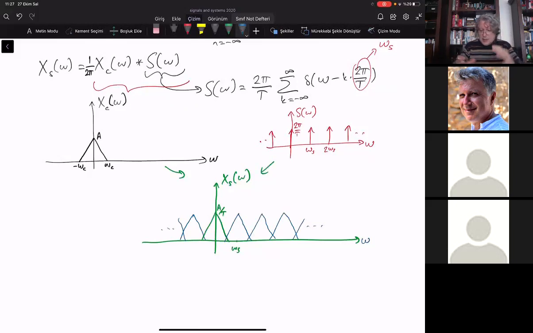Now, as you see, due to these replications, some overlappings may occur. And this overlapping is what we call aliasing.